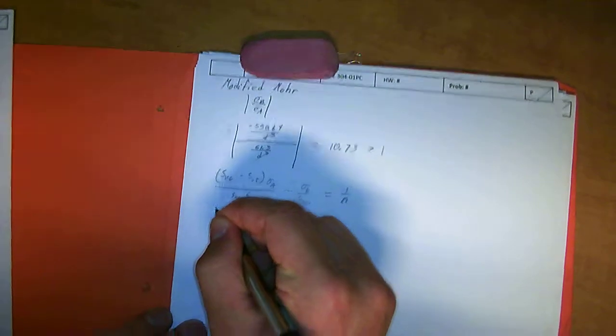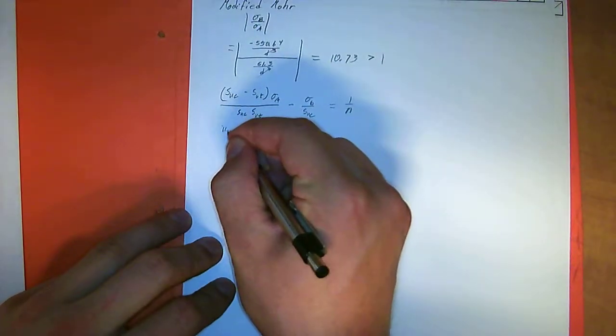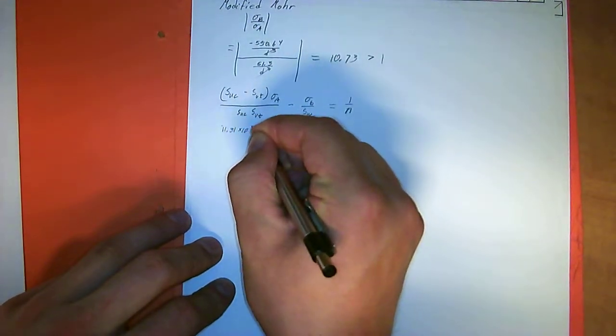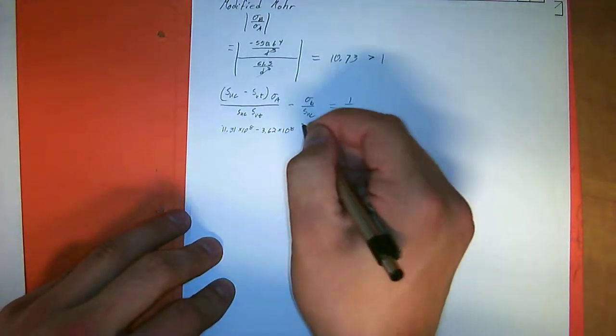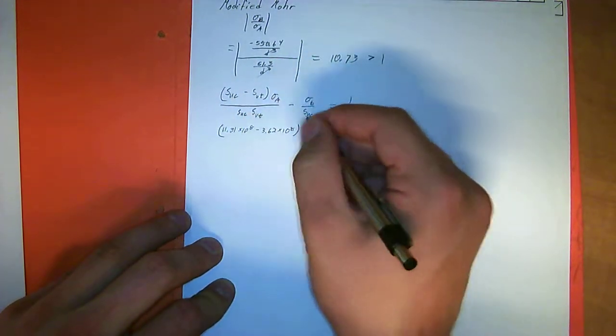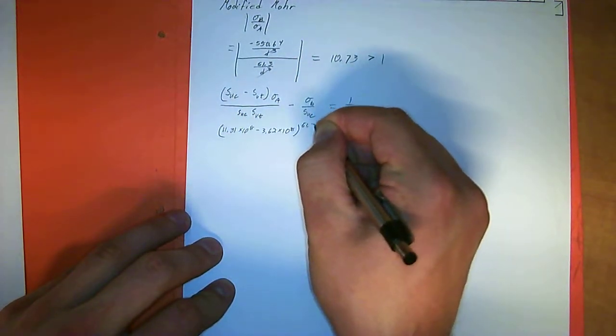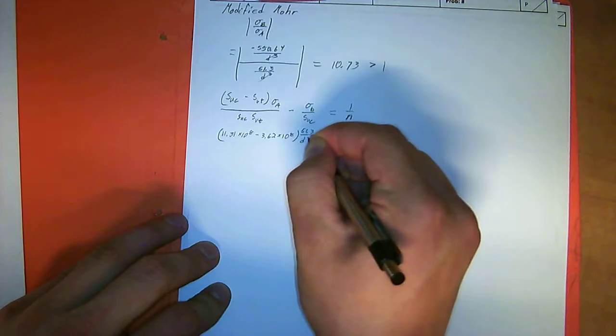So then, reducing all of this, we end up with a big nasty thing. It is 11.31 times 10 to the 8 minus 3.62 times 10 to the 8. Oh my goodness, this is a hard one.